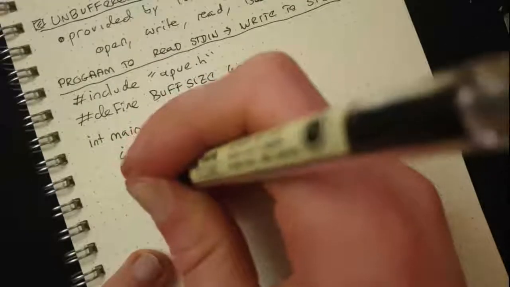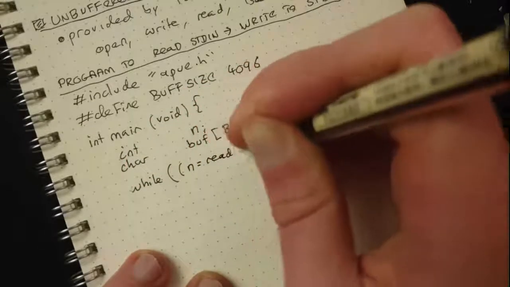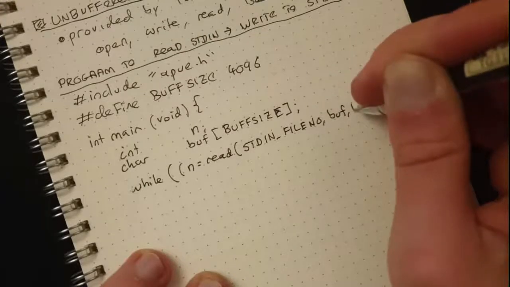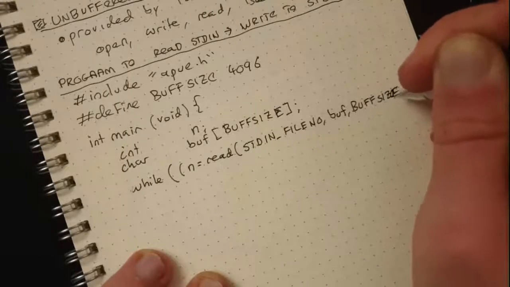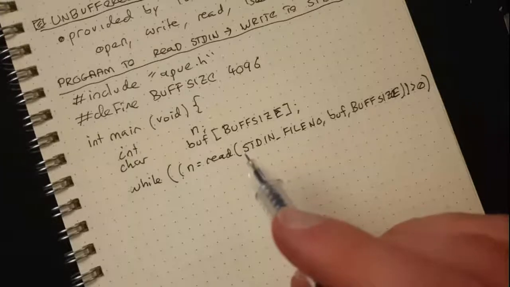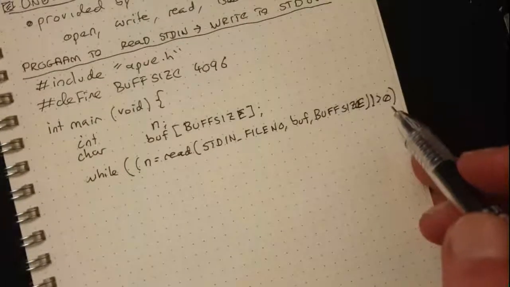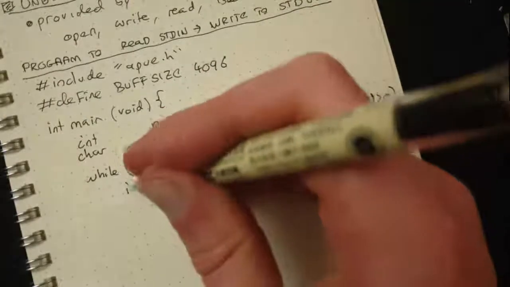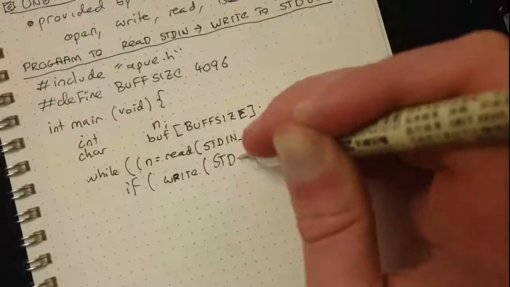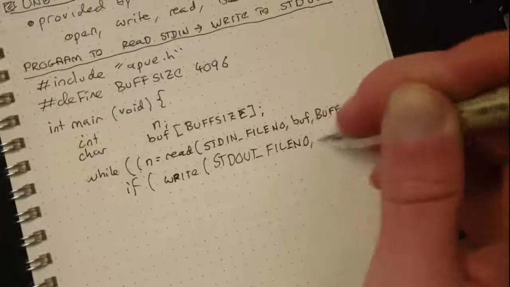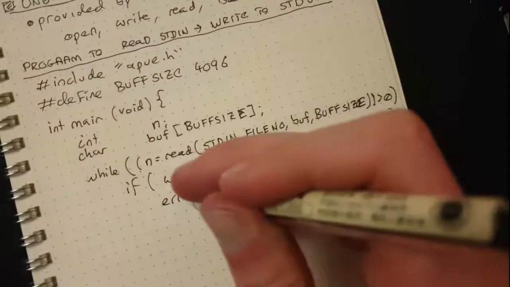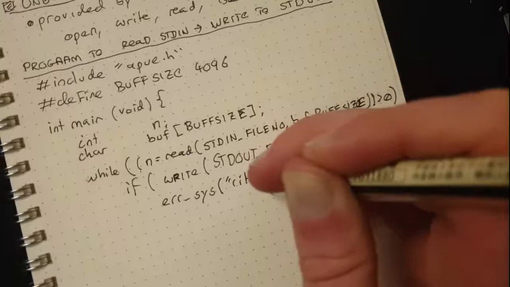So while ((n = read(STDIN_FILENO, buf, BUFFSIZE)) > 0), so while the text we put into the terminal is not blank, if (write(STDOUT_FILENO, buf, n) != n), err_sys("write error").